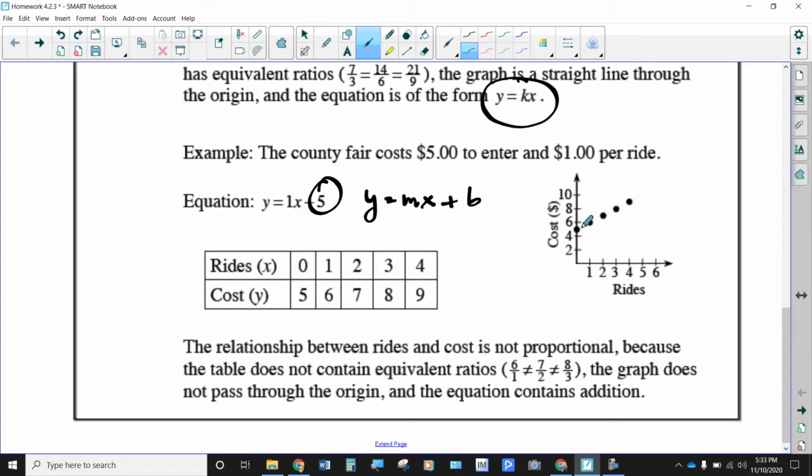It no longer goes through the origin, although it's still a straight line because you still have a constant growth rate here, just like we had there. But it also has this part right there that's affecting its proportionality. So this is not proportional if it's in this form.